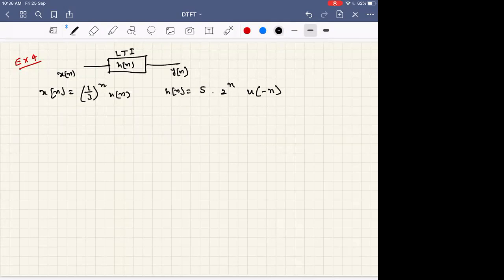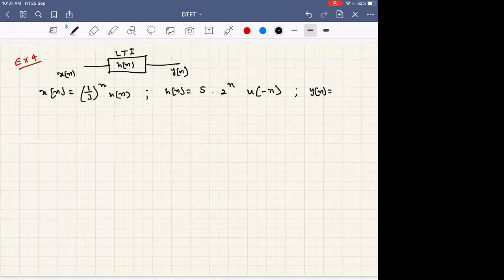So now what we want to find is y of n. Okay, in what way can you find y of n? Can one of you tell quickly? Niharika, will you be able to tell? Anjana, you can tell. Sir, we will first find the Fourier transform of x of n and h of n.